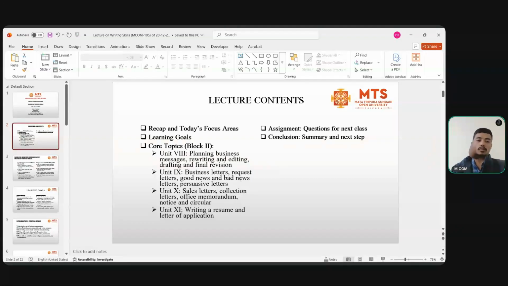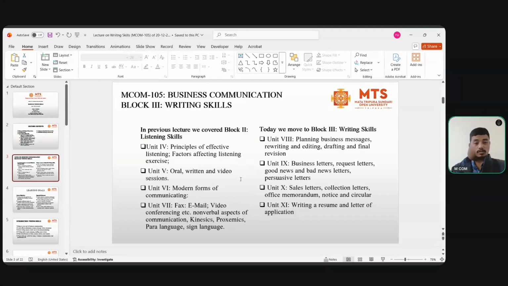Okay, so now let's move on to the recap and today's focus. In the previous lecture, we discussed listening skills. We learned about the principles of effective listening, factors affecting listening, oral, written, and video sessions, modern communication tools, and non-verbal communication.